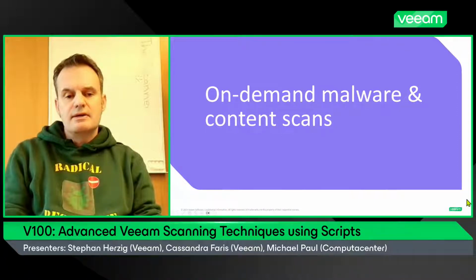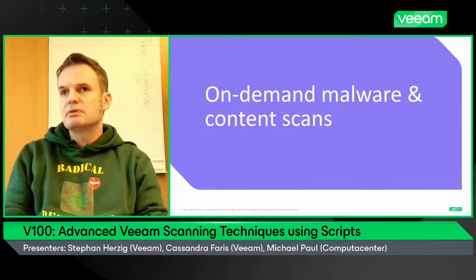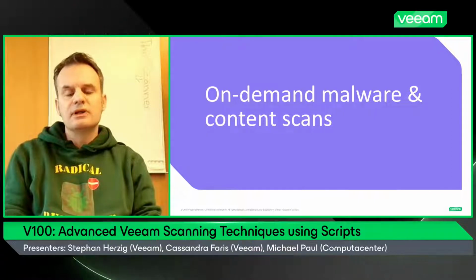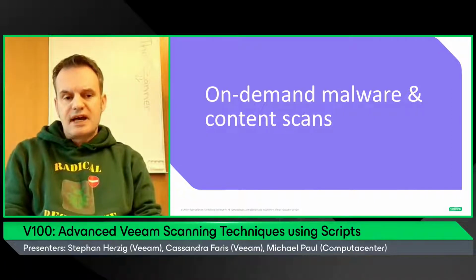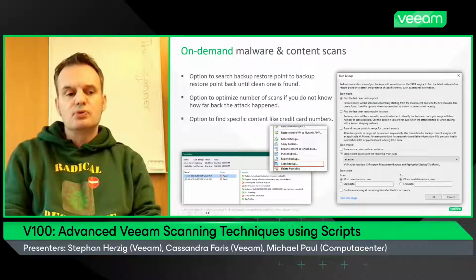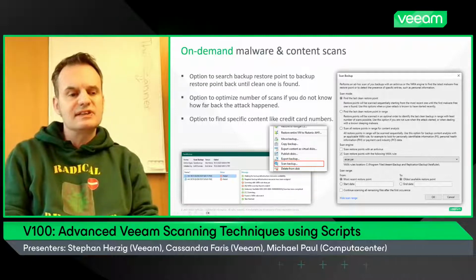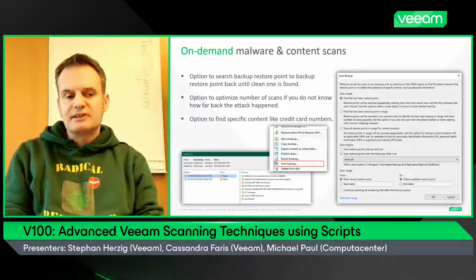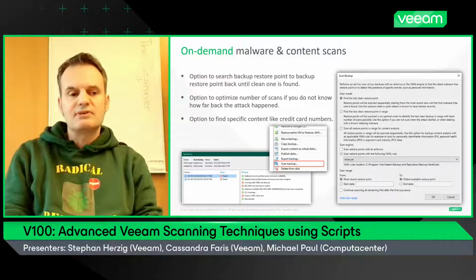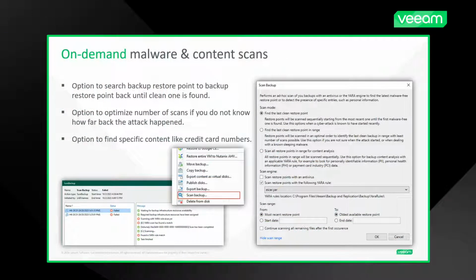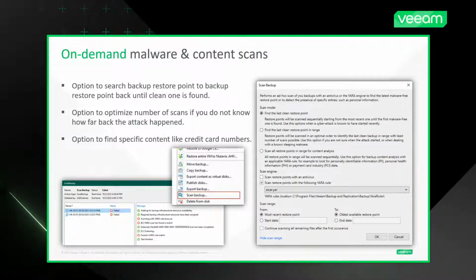That means now you have the ability from your management console to scan several restore points. And as you can see here on the screen, you can say, okay, just antivirus scan or Yara scan using one rule. This is nice, as said, for an on-demand scan, but how about if you want to use multiple Yara rules? Or how about if you want to automate that process?